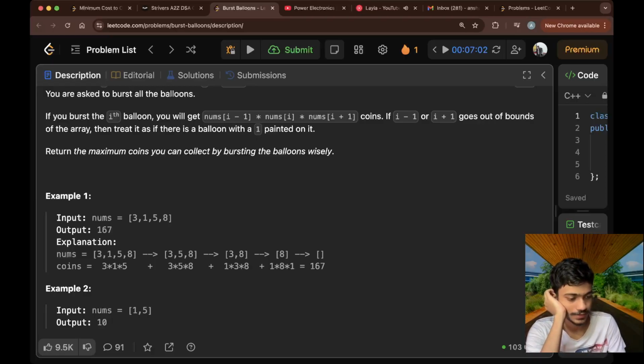And if it is broken at this point, then we'll get something like this: 1 3 and 5 8 1. There is a 1. But then let's burst at 1.